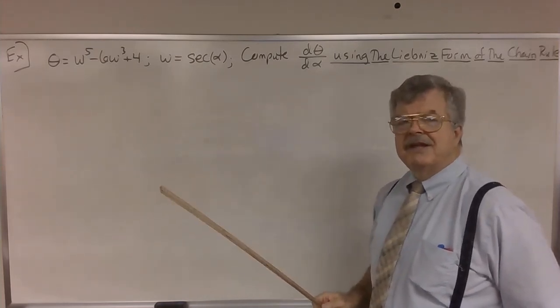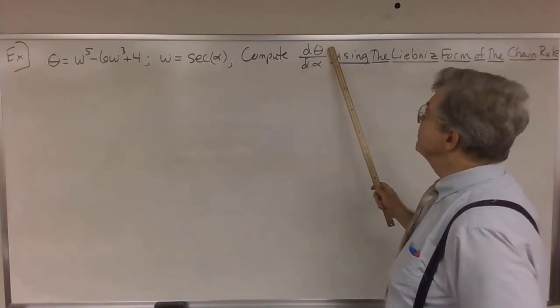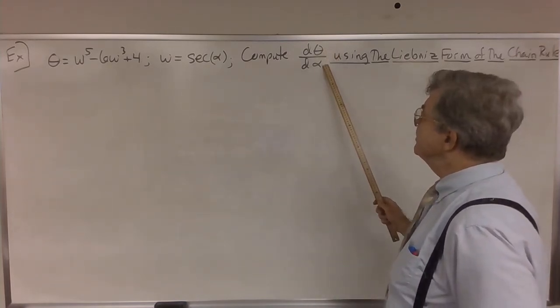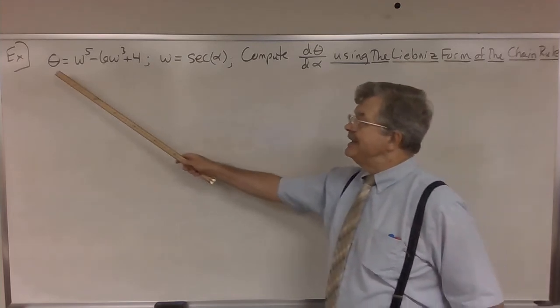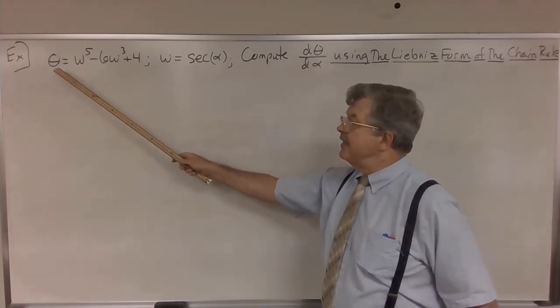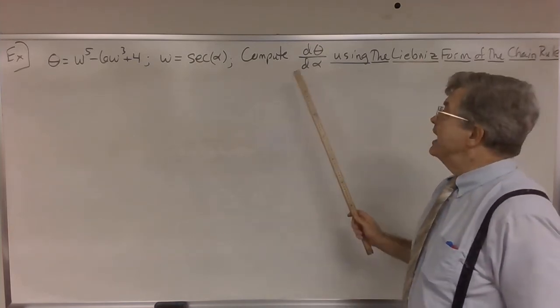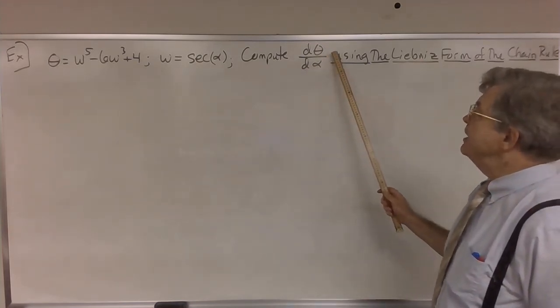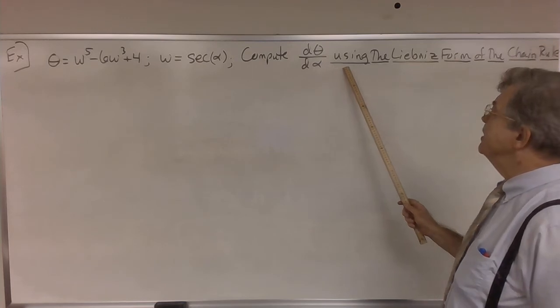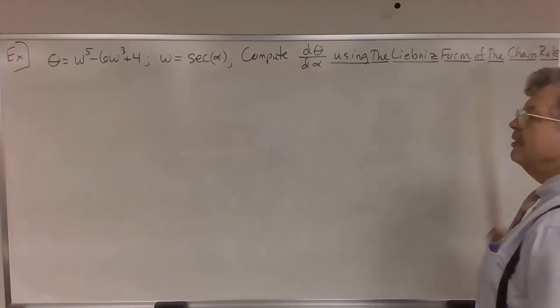So it makes sense to be able to compute the derivative of theta with respect to alpha, because at least indirectly, theta is a function of alpha. So we're asked to compute the derivative of theta with respect to alpha using the Leibniz form of the chain rule.